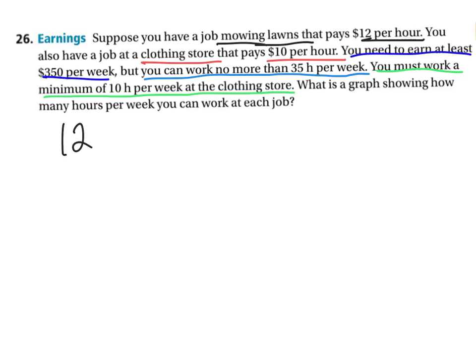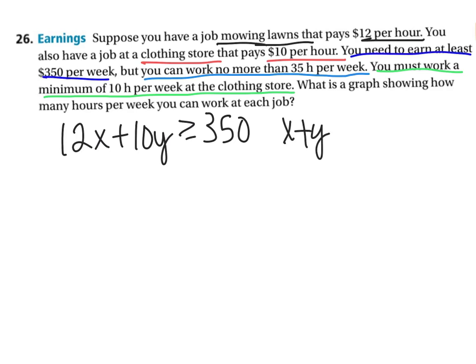So some inequalities with this, we'd have 12x plus 10y is greater than or equal to 350. That would be based off of our pay. X plus y is less than or equal to 35, because we can work no more than 35 hours a week.